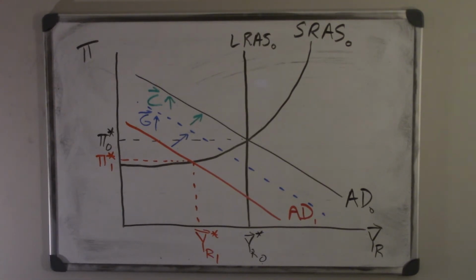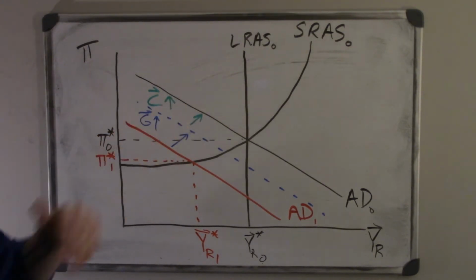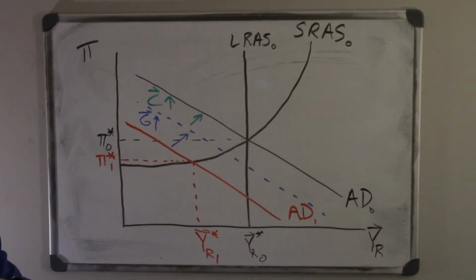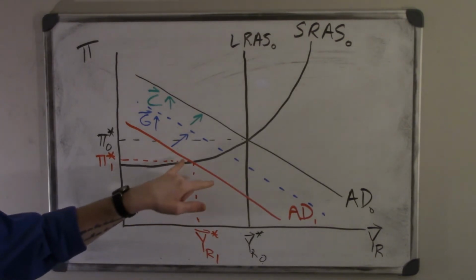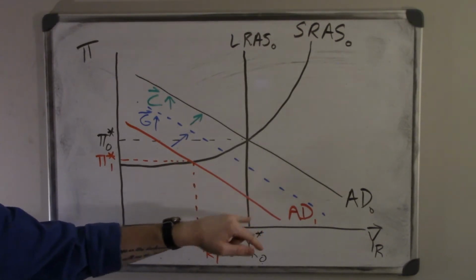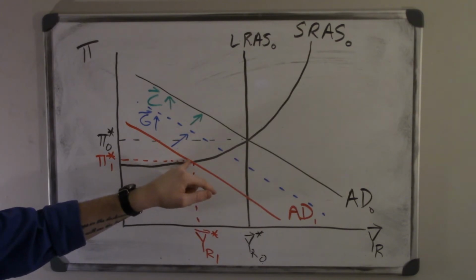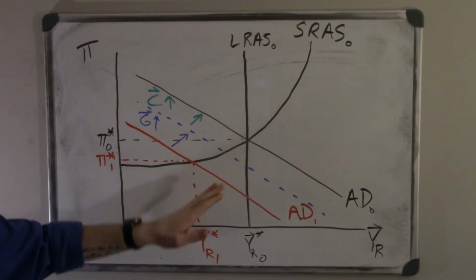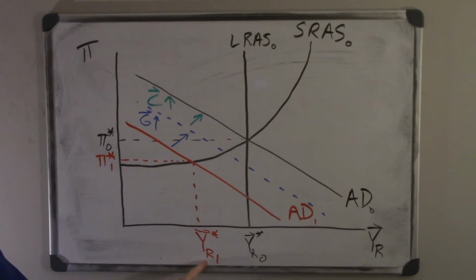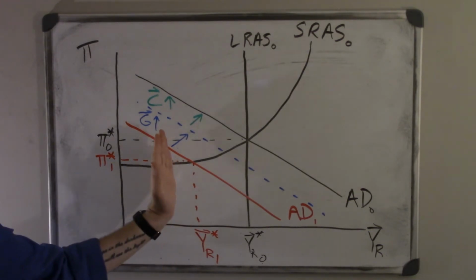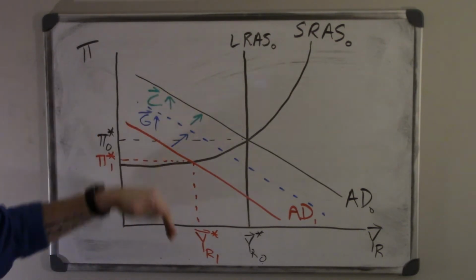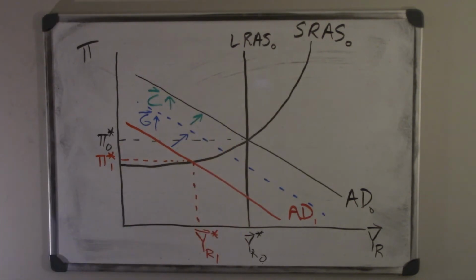So they spend their money, and so on and so forth, until hopefully we get back to our original aggregate demand curve and back to this long run equilibrium without having to go to a new one. Instead of having to wait and go through a period of time where we have lower economic growth, if we can hit it just right, we can just jump back to where we were.